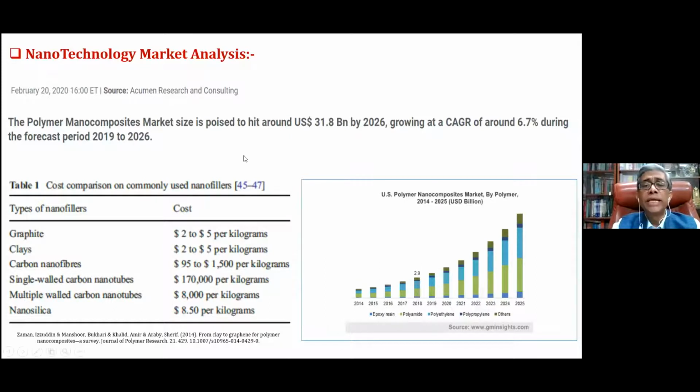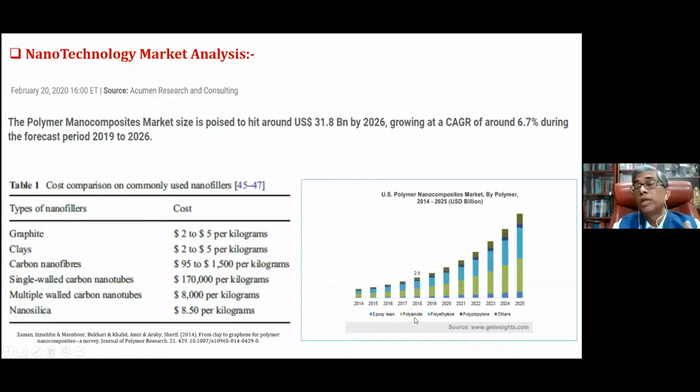I just took some data which I got recently from this source, which shows how this is growing. I was looking for some data which gives a little bit of prediction. You can see that for nanocomposite applications, epoxy resin in thermosets was very common.